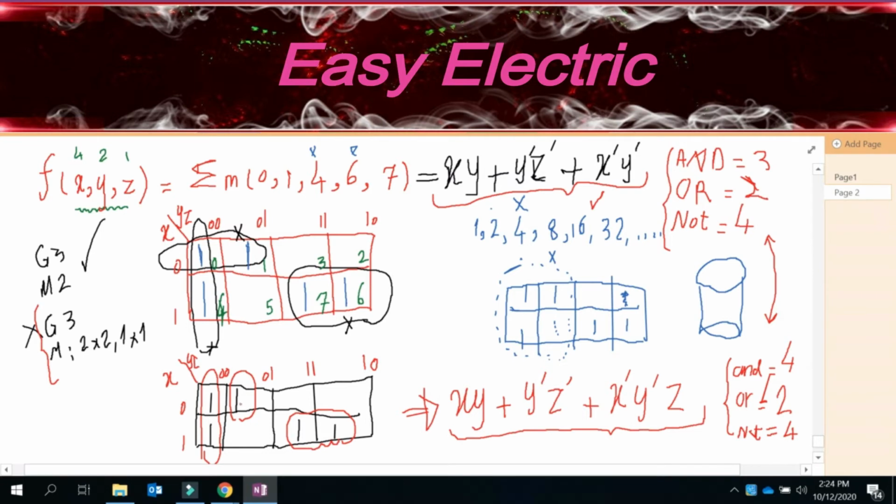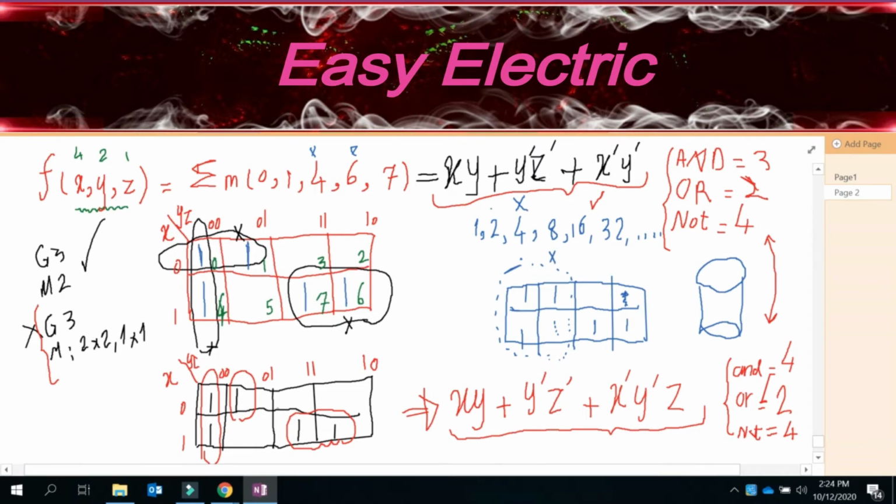So whenever the group has one 1, that gives you a term with 3 variables, like x y prime, or x prime y prime z. But whenever you have 2 members inside that group, it gives you just one term with 2 variables. That's why the members should be maximum, because it eliminates some of the variables that you have.